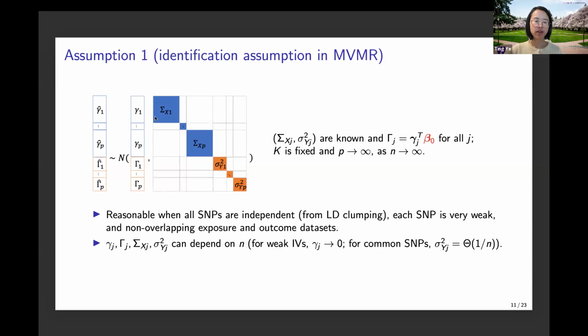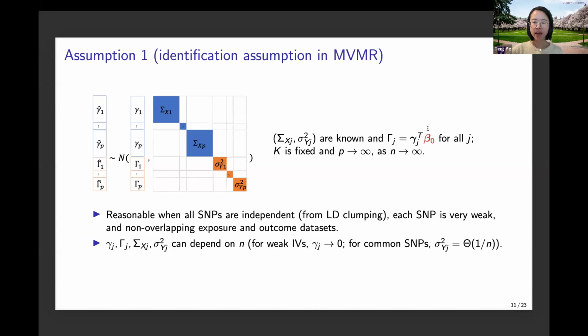So this is reflected here in that this is a block diagonal matrix. We also assume that the variances are known, although the variances are not exactly known in practice, they are estimated, but this is a reasonable assumption in MR studies when the genetic variant number is much smaller than the sample size.